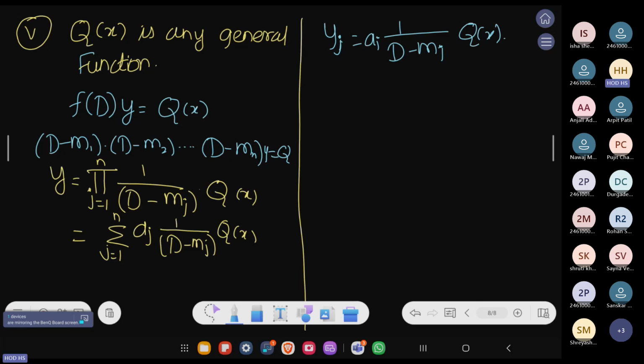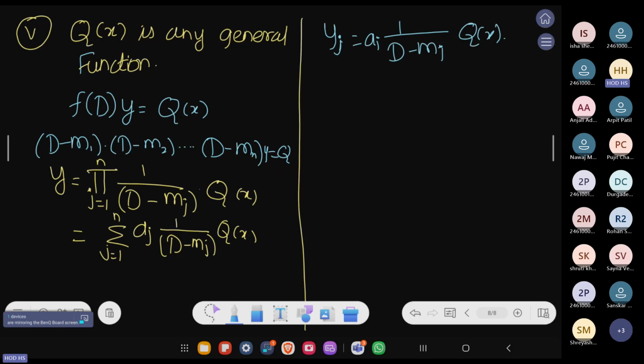I break down my problem into small parts, like in the previous one, where we broke down our problem in the third method of polynomial. We break down the problem into small parts, right? So that's what I am using here. Now how to solve this small part?